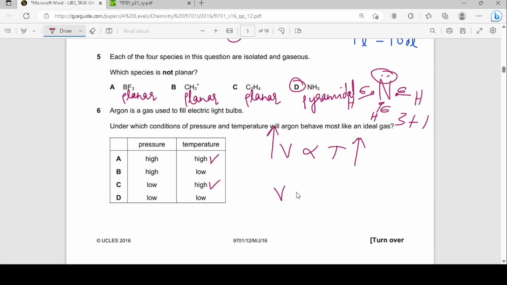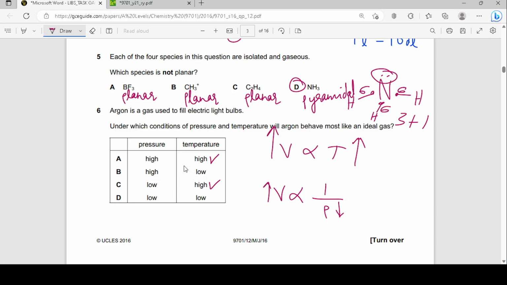And then from Boyle's law, we know that volume and pressure are inversely proportional to each other. So basically, if I decrease the pressure, then the volume will increase. Or if I halve the pressure, then the volume will double at constant temperature.